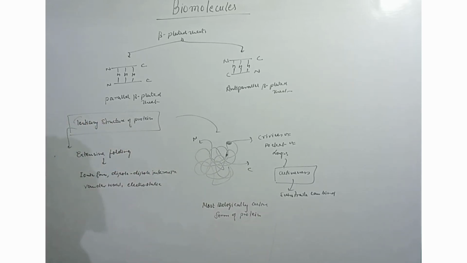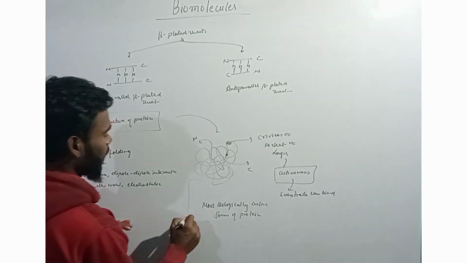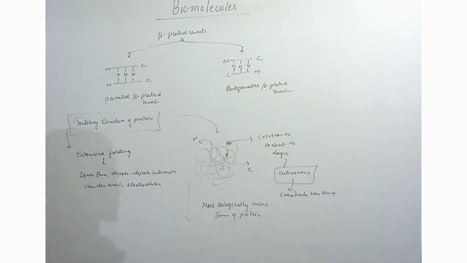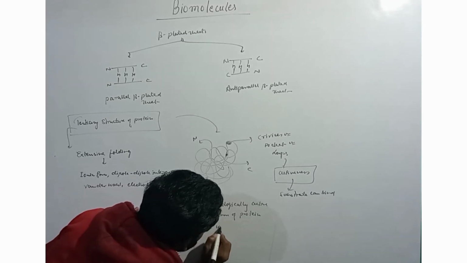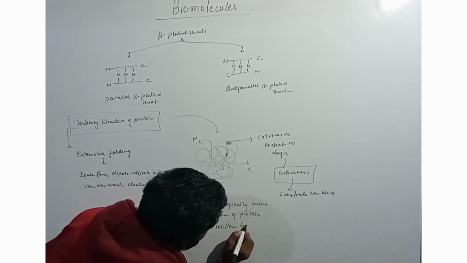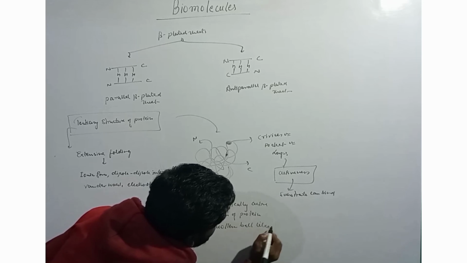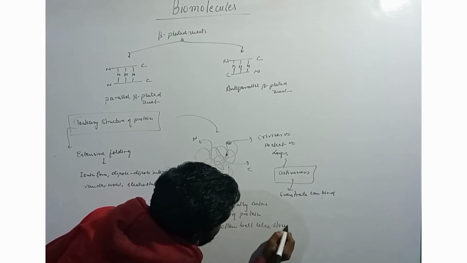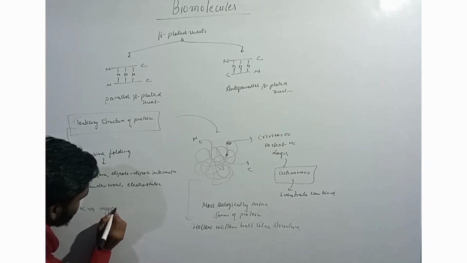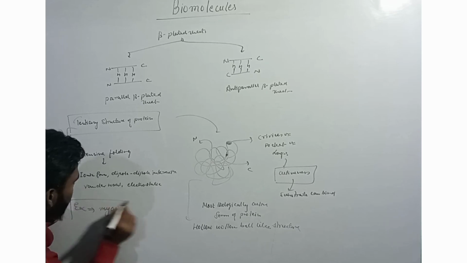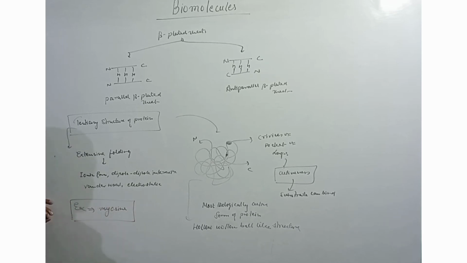When we see this structure, it is like a hollow woolen ball. For example, tertiary structure is found in myosin. Please do remember, tertiary structure is found in myosin.